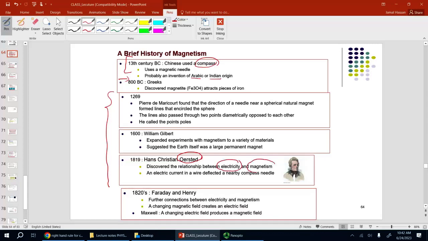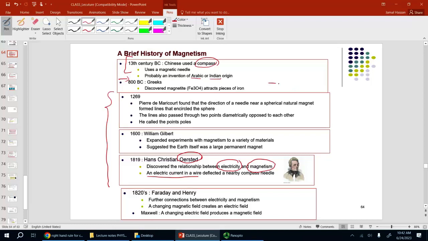Before his time, people knew that these two phenomena, electricity and magnetism, were two separate things. But he's the one who found that if you have a wire with a current passing through it, this will affect a compass that's closer to the wire.